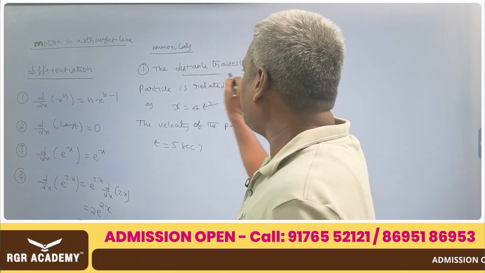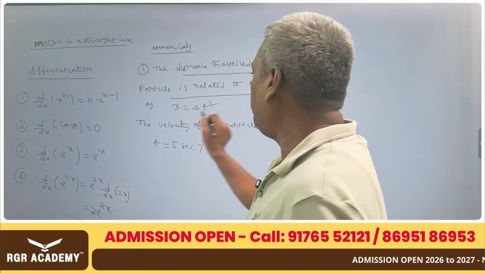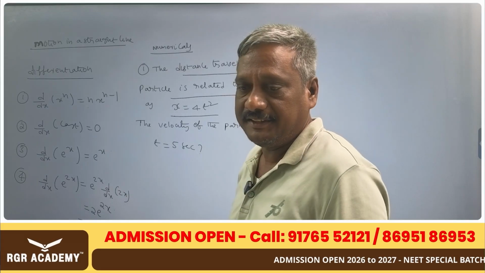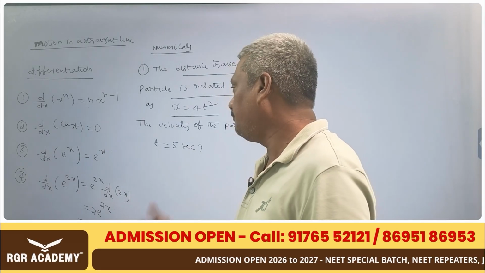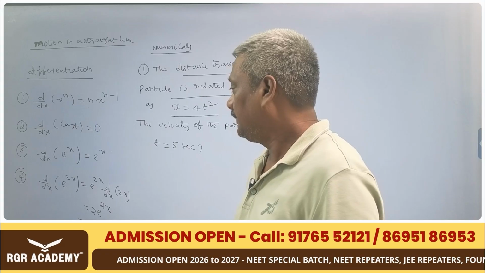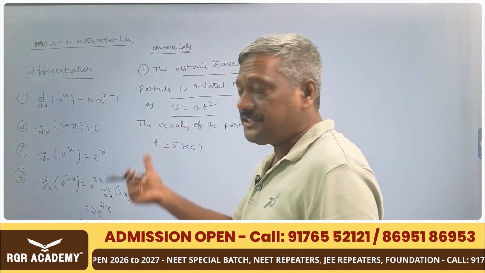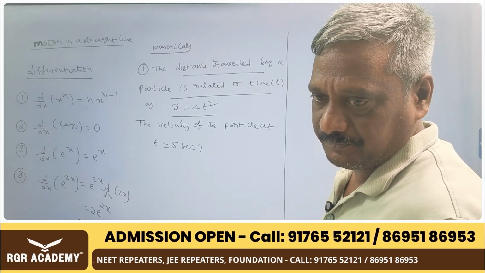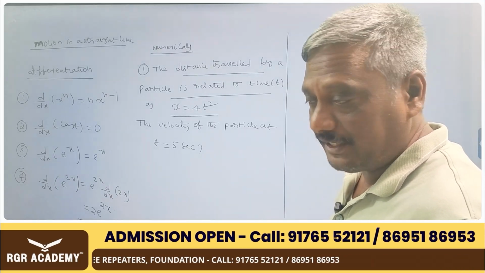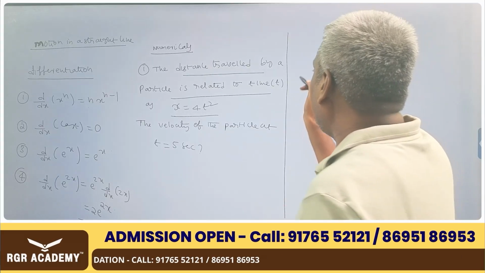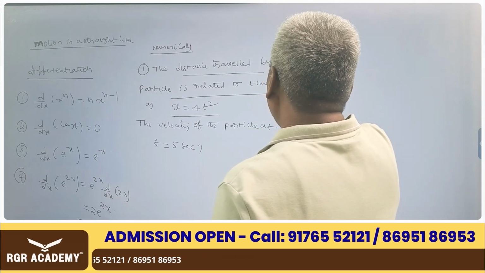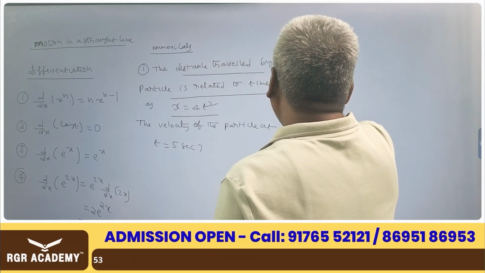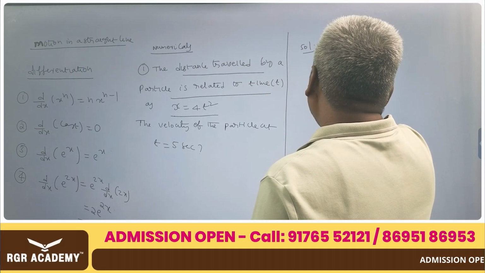Suppose the distance traveled by a body or particle is given by the relation x is equal to 4t square. Then what is the velocity of the particle at t is equal to 5 seconds? How can you find the velocity of the particle? We have already well known what is the velocity definition.